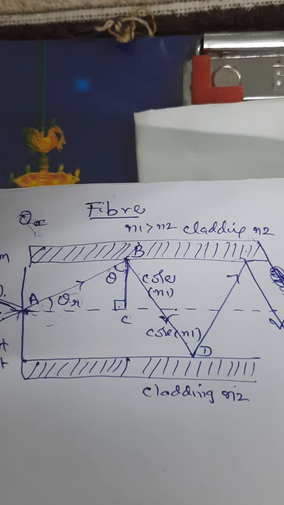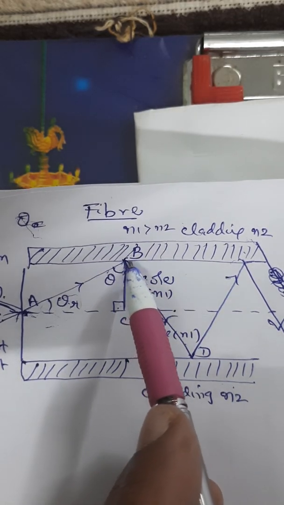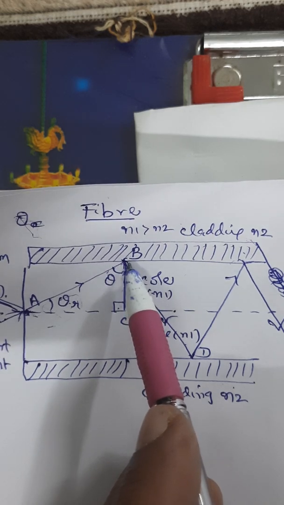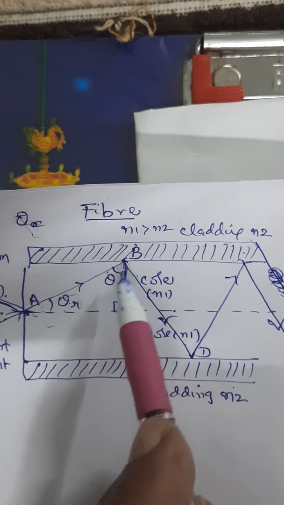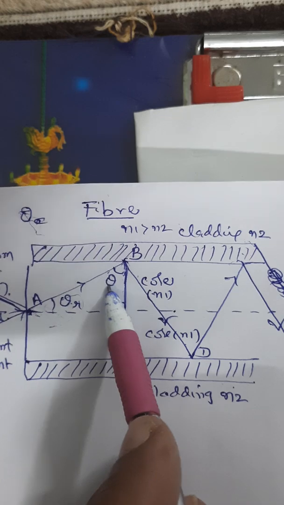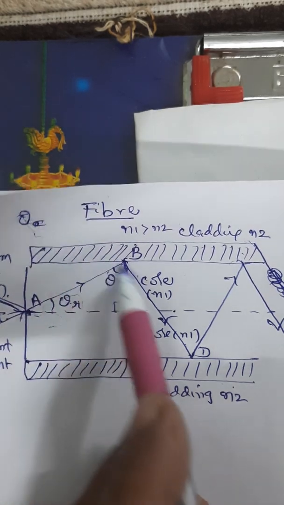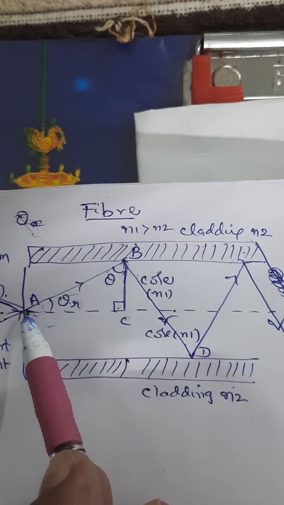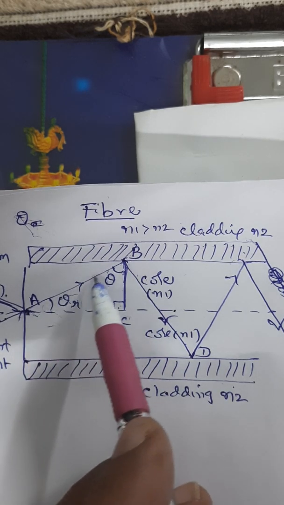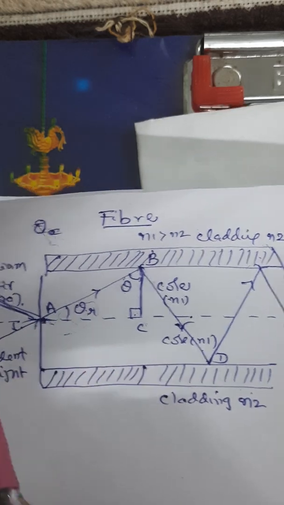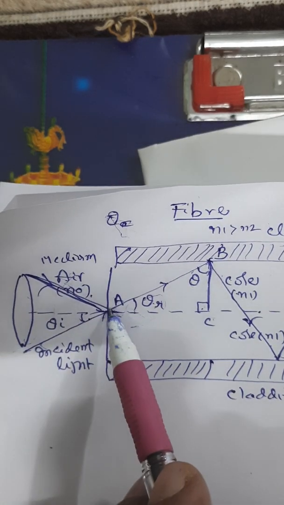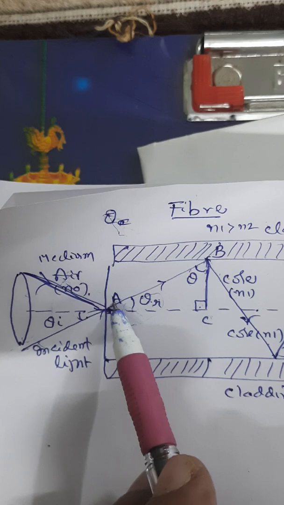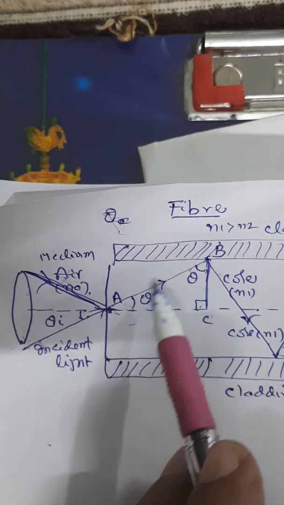Right? To get total internal reflection at this point B, which is nothing but the core-cladding interface, as I told you earlier, the incident angle theta should be greater than the critical angle. That means theta should be greater than theta C. Then only TIR can occur. So in that case, what should be the maximum angle of incidence at point A, for which theta is greater than theta C?